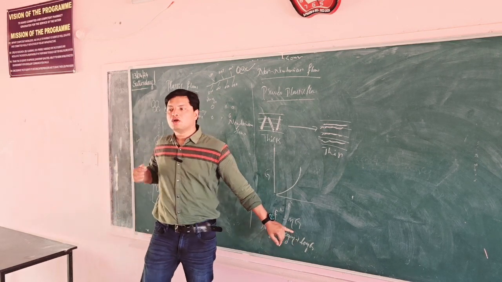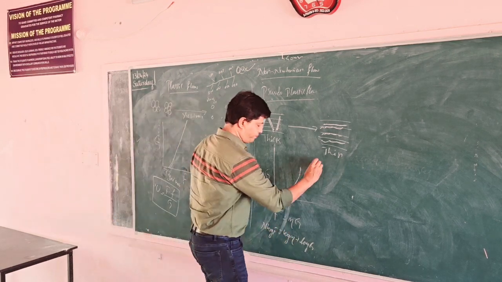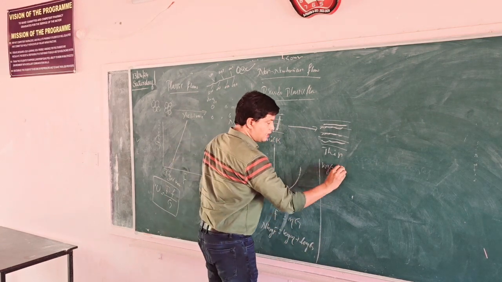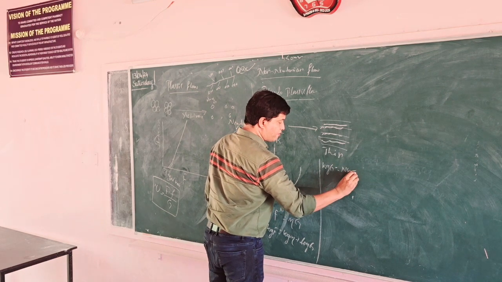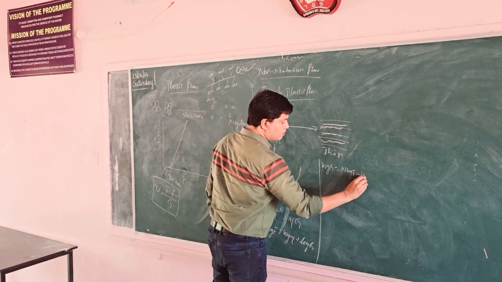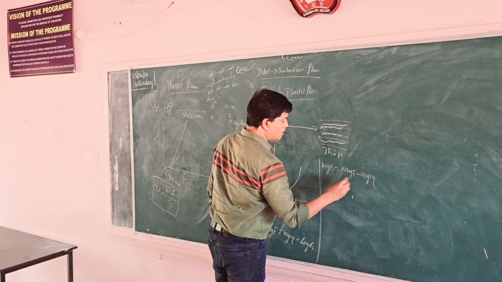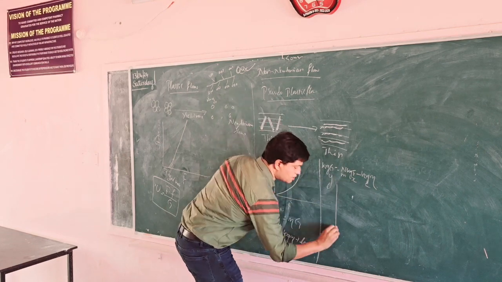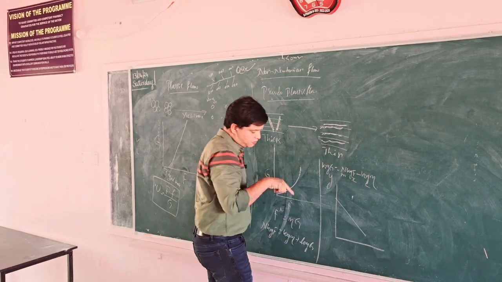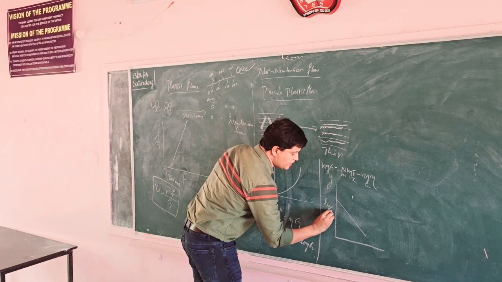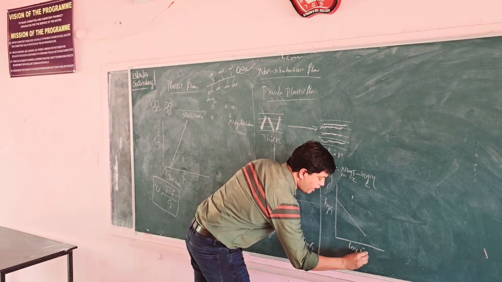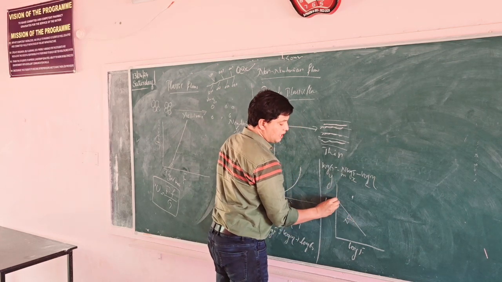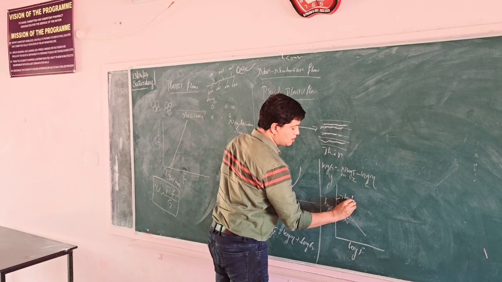So log g is equal to, send it this side, n log f minus log nu. y = mx + c. Draw the graph. Negative slope, so it is going like this, log g versus log f, and your slope is n value and intercept is log nu.